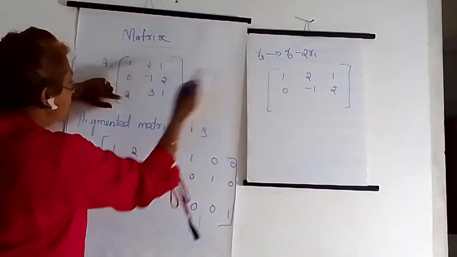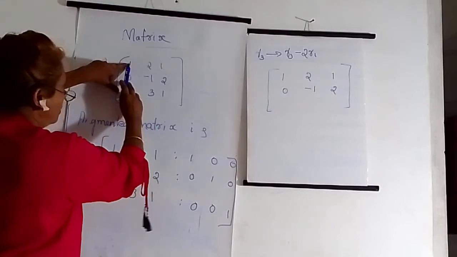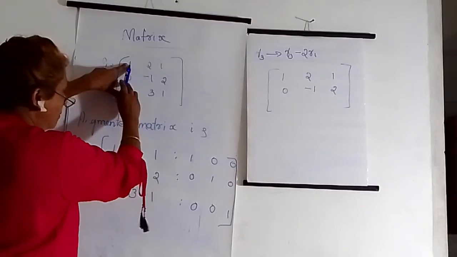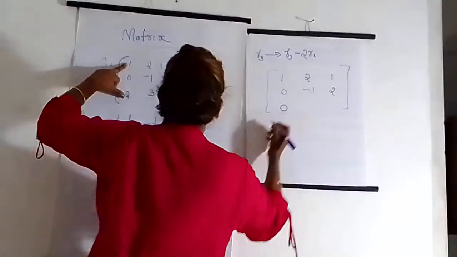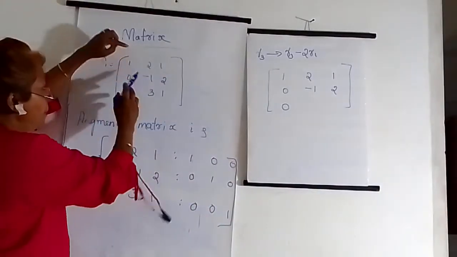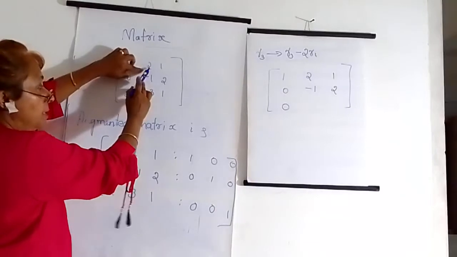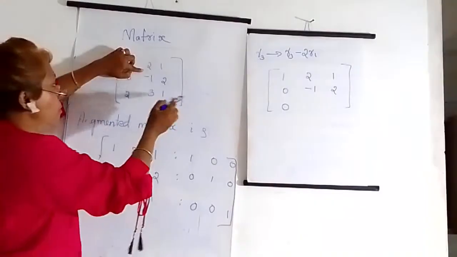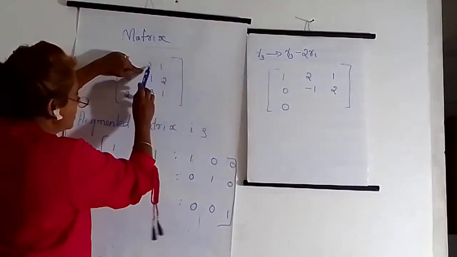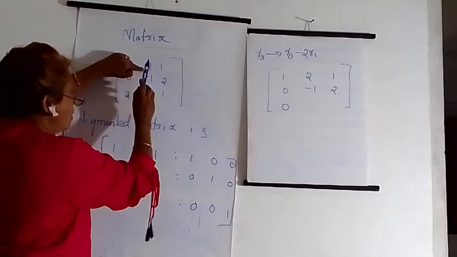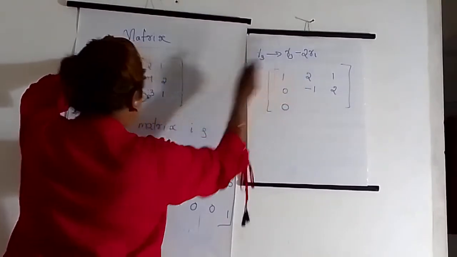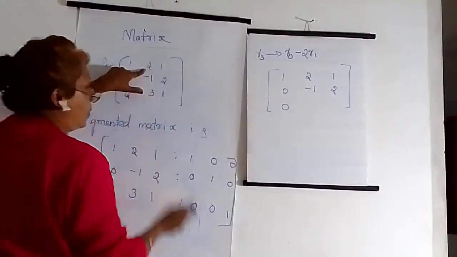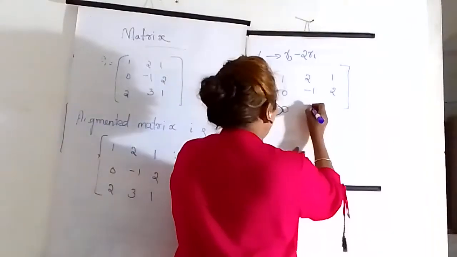Multiplying 2R1, this 1 times 2 becomes 2, 2 minus 2 becomes 0 here. Then we do the same thing to the next member also. 2 times R1 is 4, and we subtract this from R3. So 3 minus 4 becomes negative 1.